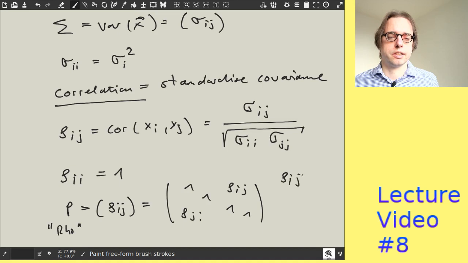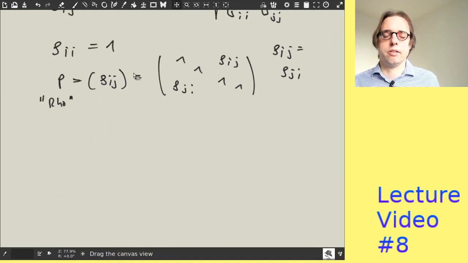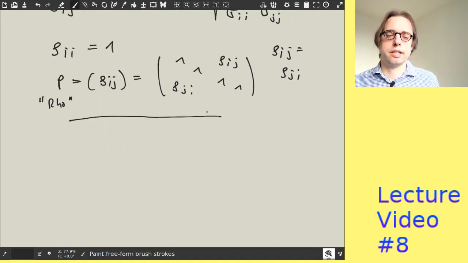So rho ij is the same as rho ji. Correlation is a standardized covariance, and this is a measure that allows us to measure the linear dependence between variables.